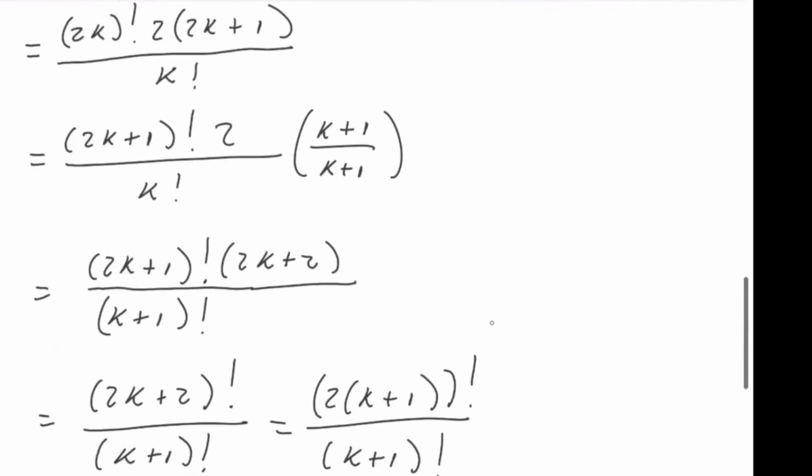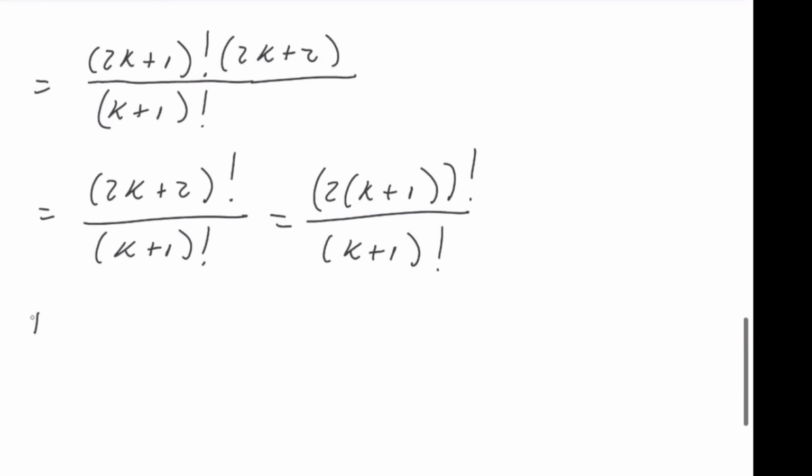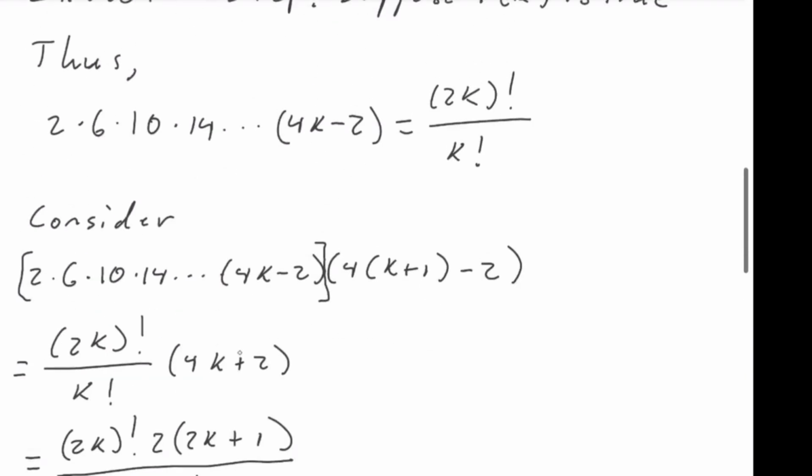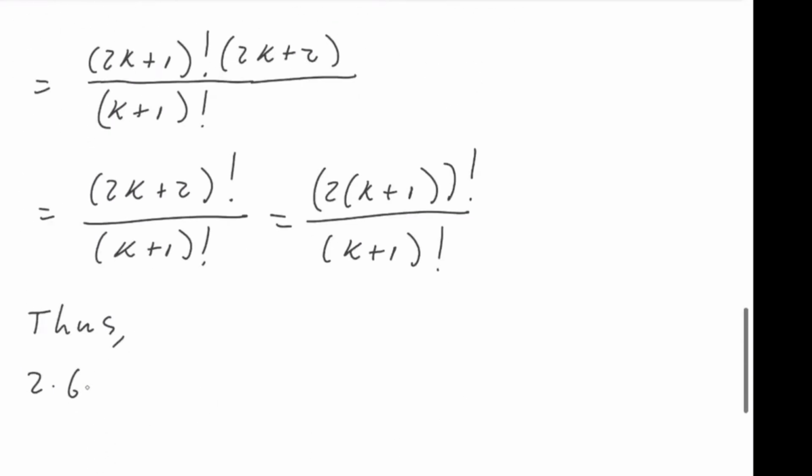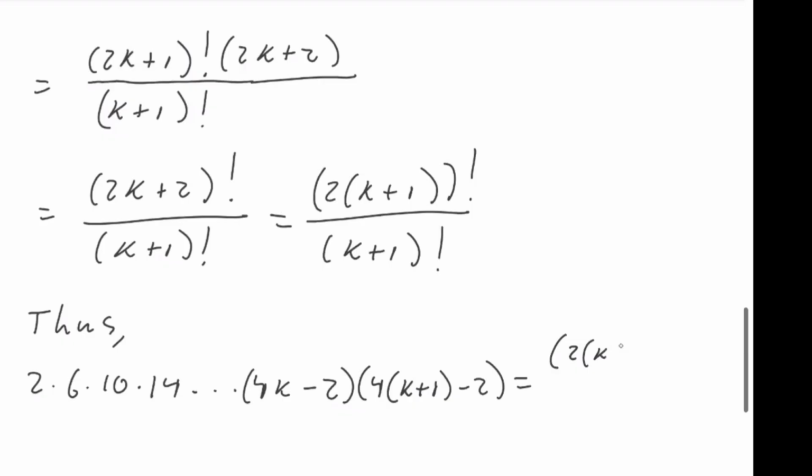So thus, I was able to show that 2 times 6 times 10 times 14, dot, dot, dot, 4k minus 2 times 4 times k plus 1 minus 2 is equal to 2 times k plus 1 factorial over k plus 1 factorial.